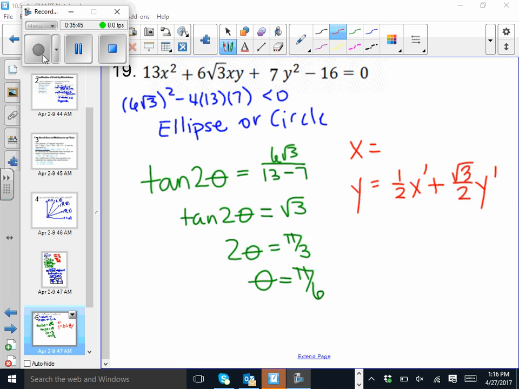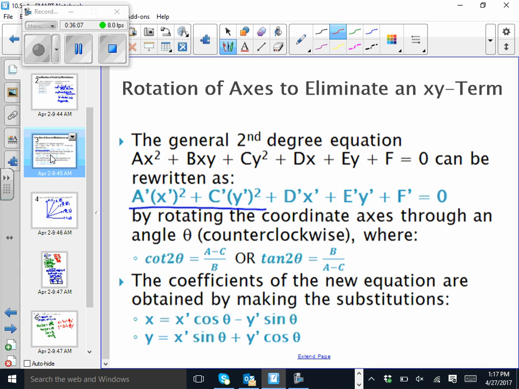Finn, what do you have for x? I have 1/2 x prime minus radical 3 y. I feel like those should not be the same. x is cosine minus sine.